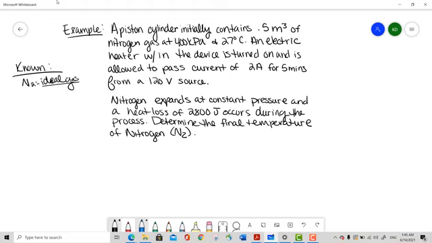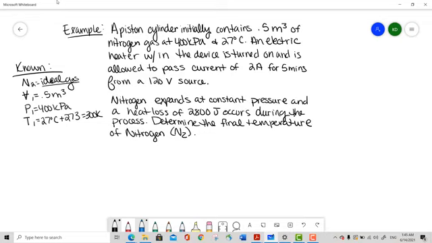That will also help. We know that we have a volume of 0.5 meters cubed. We also know that we have a pressure of 400 kilopascals. And we have temperature, 27 degrees Celsius. Let's go ahead and put that into Kelvin: 300 Kelvin. Okay.